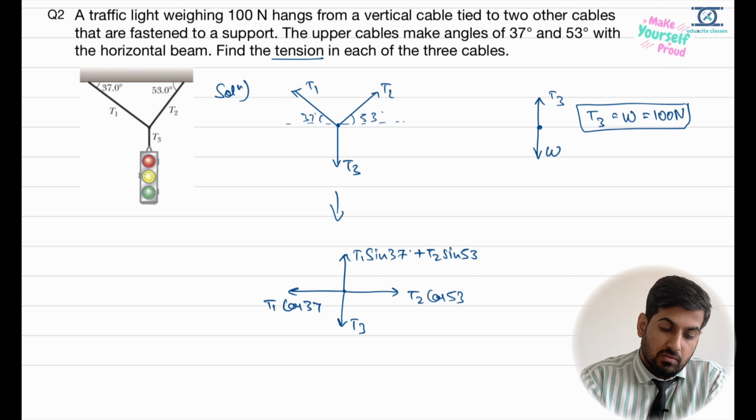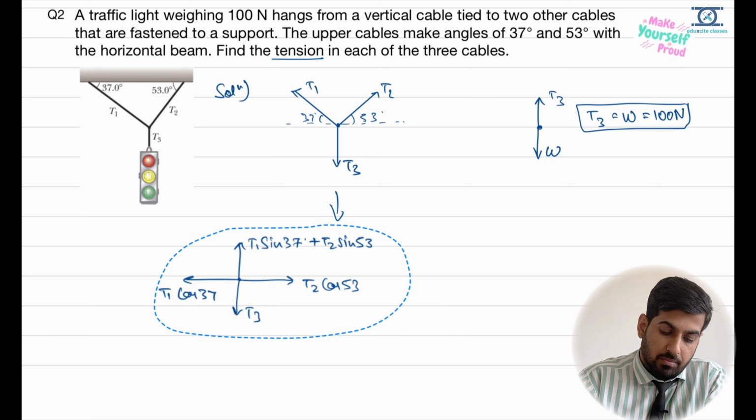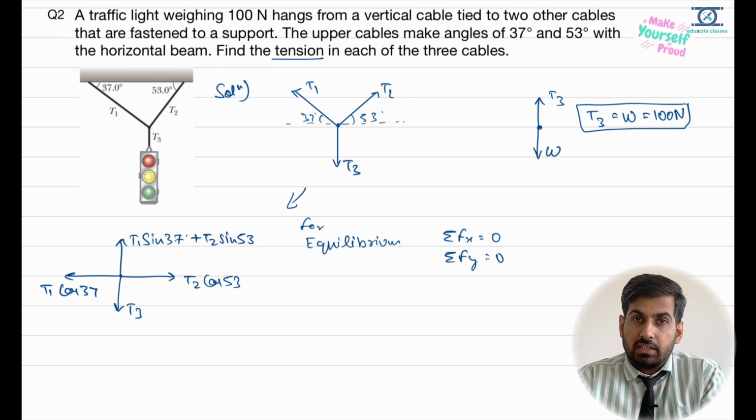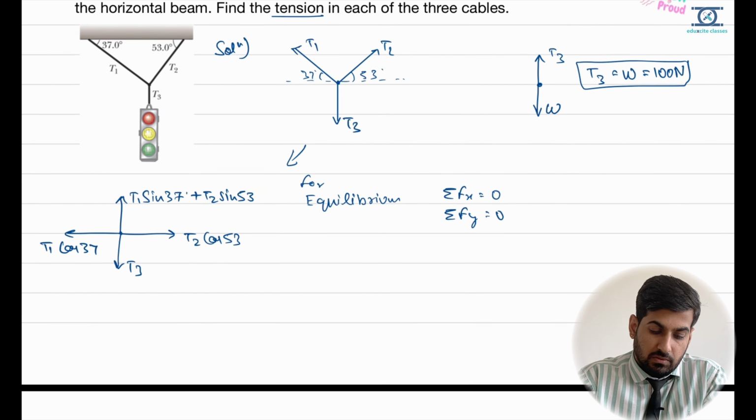Now it is given in the question itself that this is in equilibrium, right? So what equation can I make if it is in equilibrium? For equilibrium, the sum of forces in x direction is equal to 0, and the sum of forces in y direction, that is horizontal and vertical, is 0.